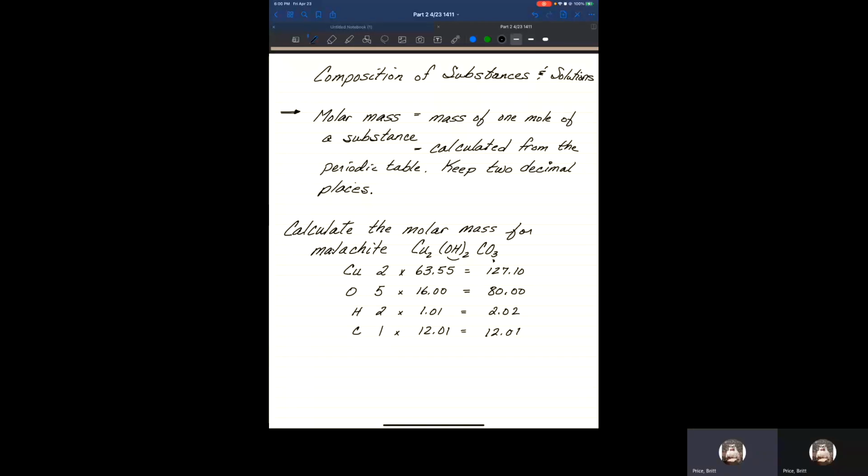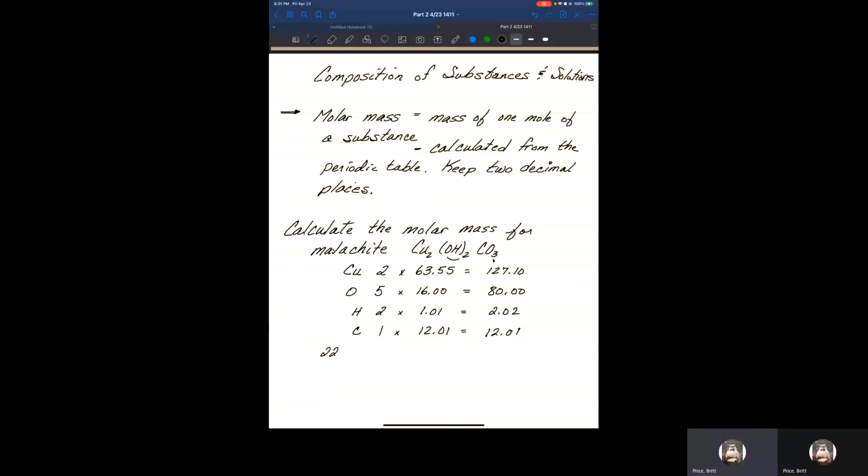That's fine. I don't have to see that part. I want to see, though, at least your setup: 127.1, and 80, and 2.02, and 12.01.